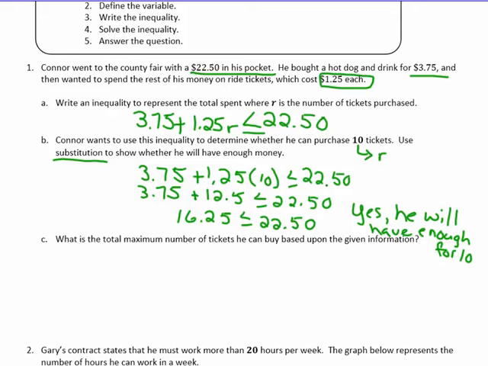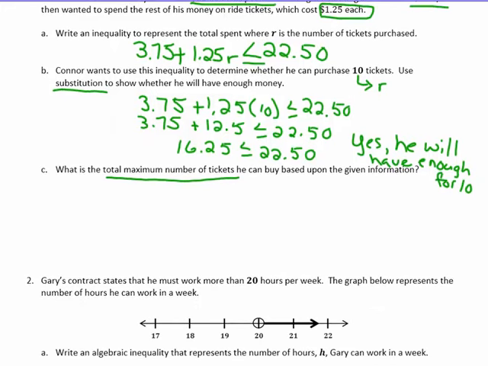Okay, what is the maximum number of tickets he can buy based upon the given information? So this is where now we want to actually solve the inequality. So 3.75 plus 1.25R less than or equal to 22.50. Starting with my two-step inequality, I have to cancel my constant first, so I'm going to subtract 3.75.